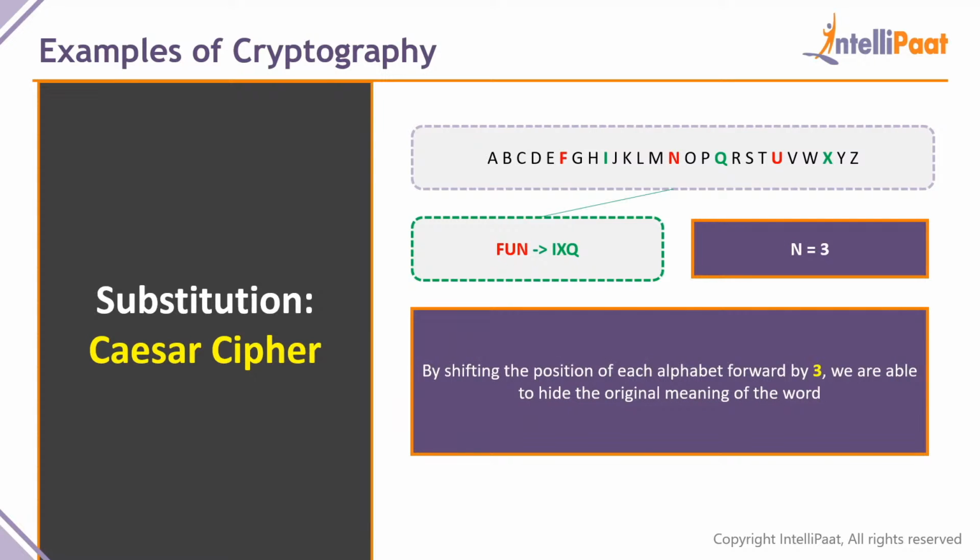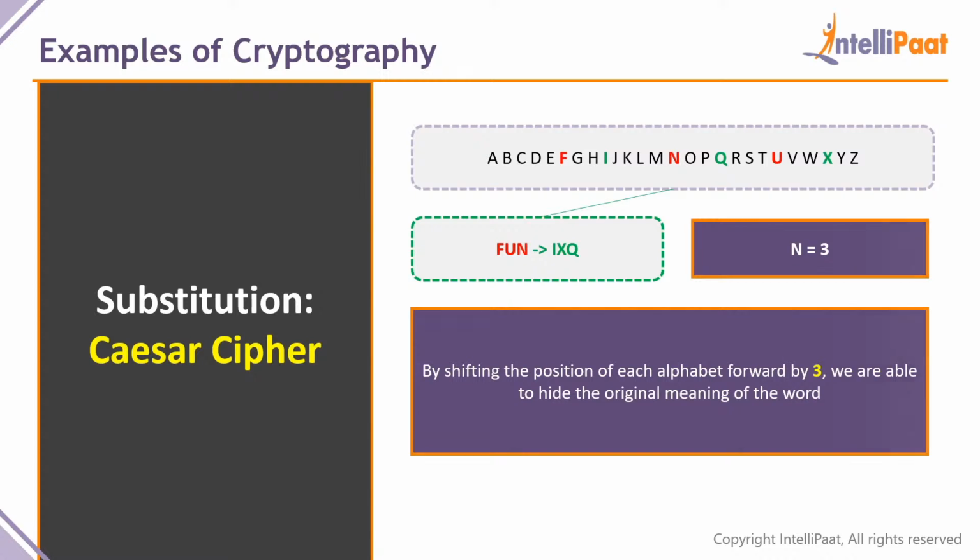By shifting the position of each alphabet forward by 3, we are able to hide the original meaning of the word, right? This is called a substitution algorithm because we are essentially substituting the original letters. So F has been substituted by I, U by X, and N by Q. This is one of the first and simple algorithms for cryptography, but it gets you going with the idea.